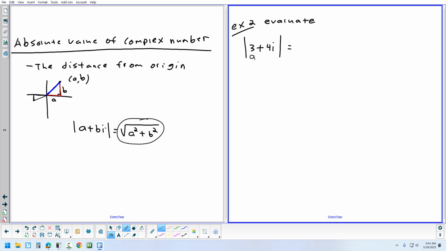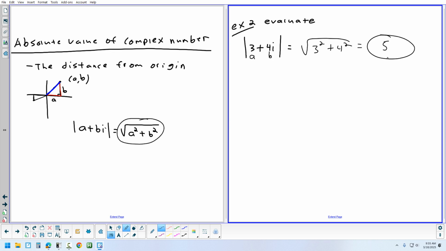Just the 4. So the A is 3 and the B is 4. Filling that into my formula, you're going to have the square root of 3 squared plus 4 squared, which is going to give me an absolute value of 5.